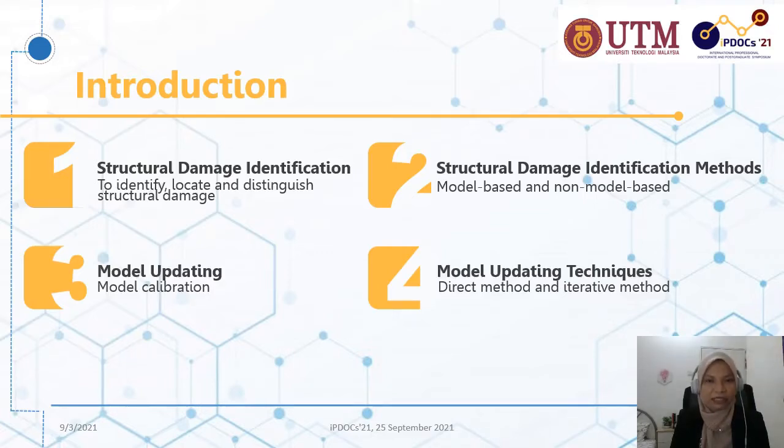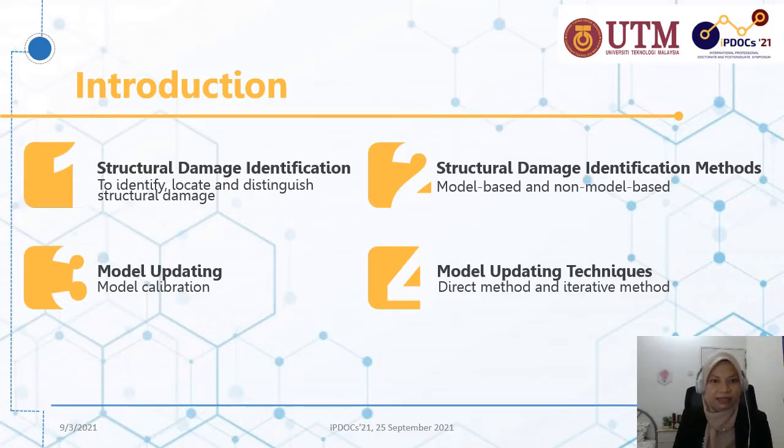Non-model-based methods use characteristic values derived from the vibration time history, frequency spectrum, or time region instead of features of the structural model. Researchers over the last decades have studied various model updating techniques for structural damage detection.